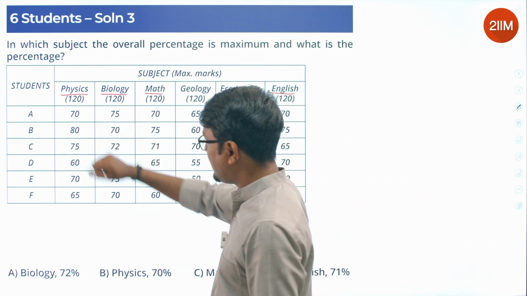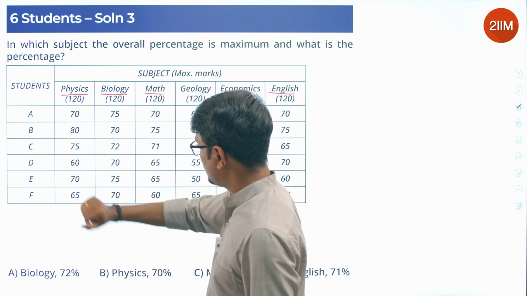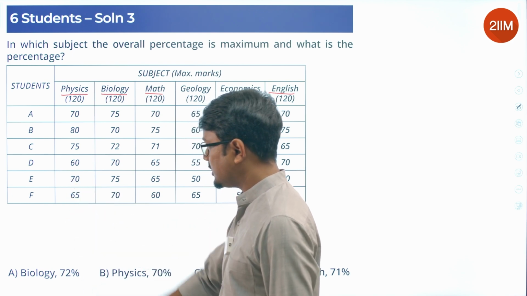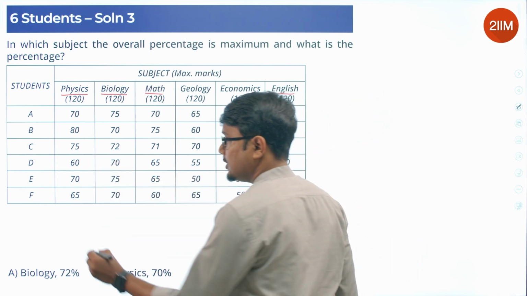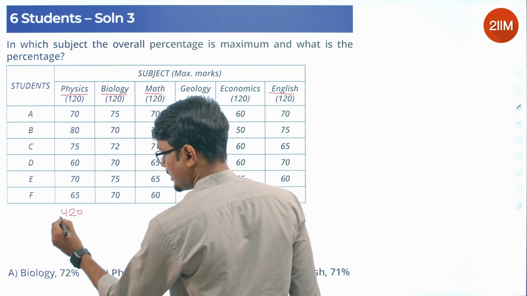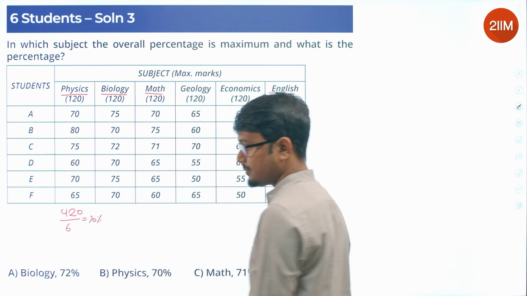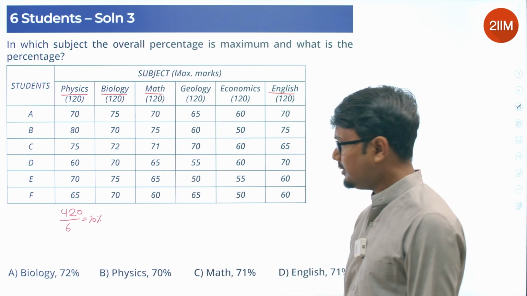Physics: 70, 80, 150, 150 and then 220, 280, 350 plus 60, 410, then this is 420. So it is 420 divided by 6 people, 70 percentage. Physics is 70 percentage, it's coming closer, we'll check it out.